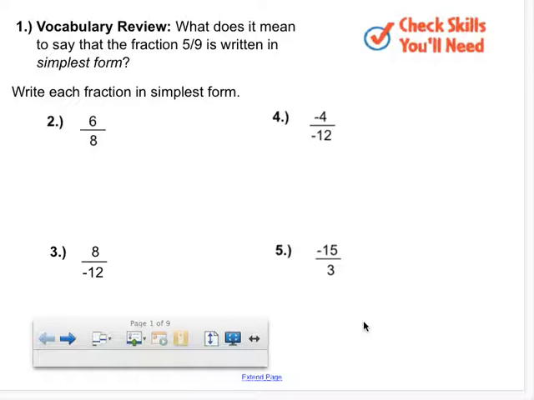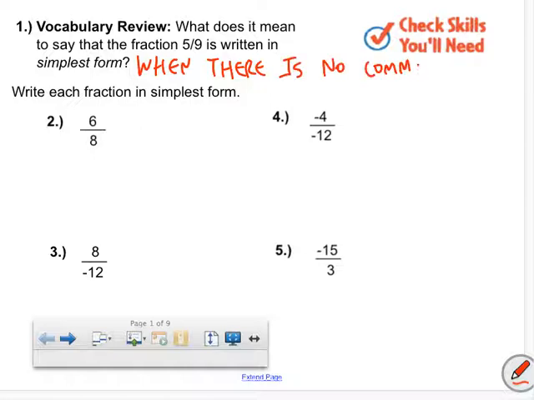So you know that a fraction is in simplest form when there is no common factor for the numerator, which is the top number of the fraction, and denominator.